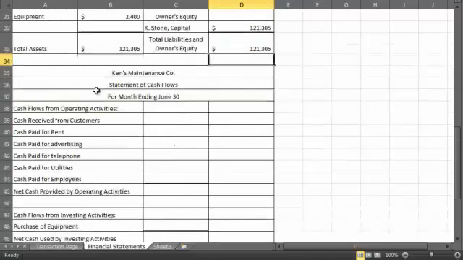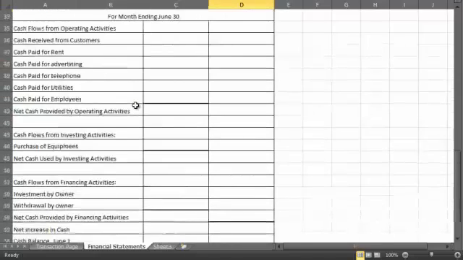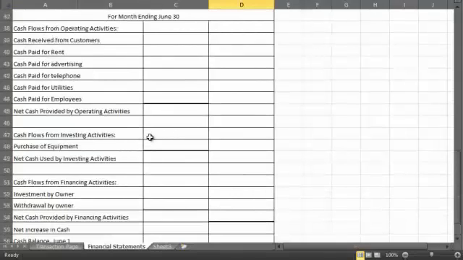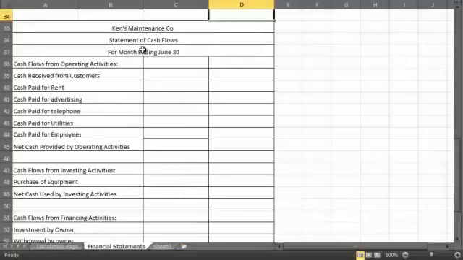So now what about the statement of cash flows? The one thing you always have to remember about the statement of cash flows is that the only things that appear on it are items that involve either an inflow or an outflow of cash. Now, there are three different sections of the statement of cash flows.